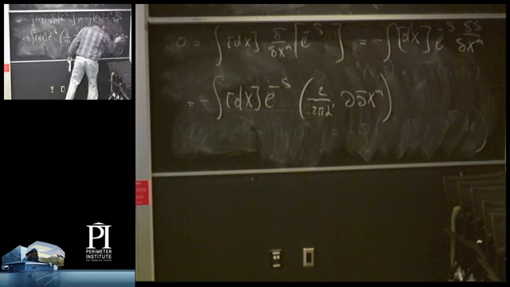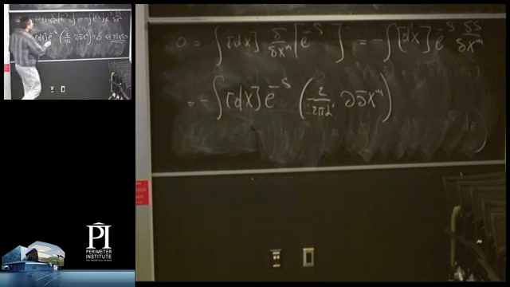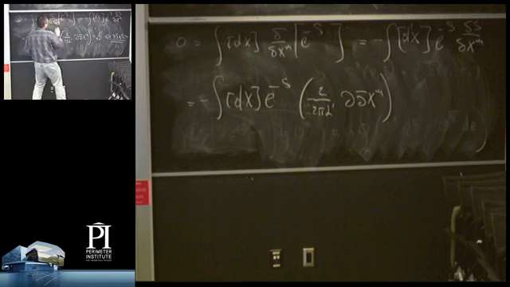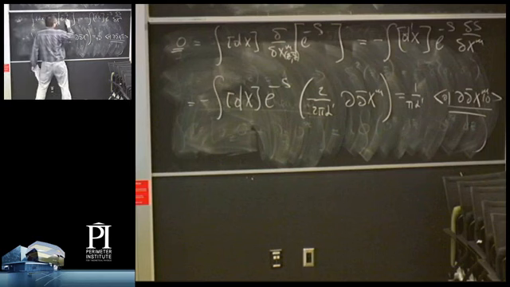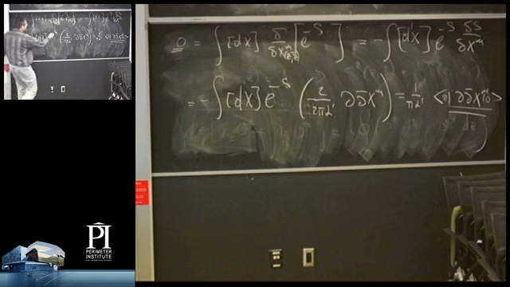But I can repeat exactly the same analysis by thinking that I have some additional insertions. I take a derivative with respect to z bar, and I can think that I have some additional insertion at some point z prime.